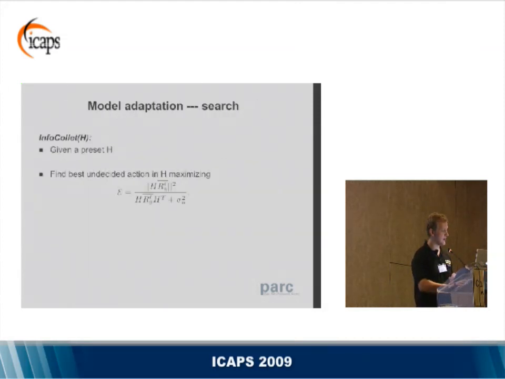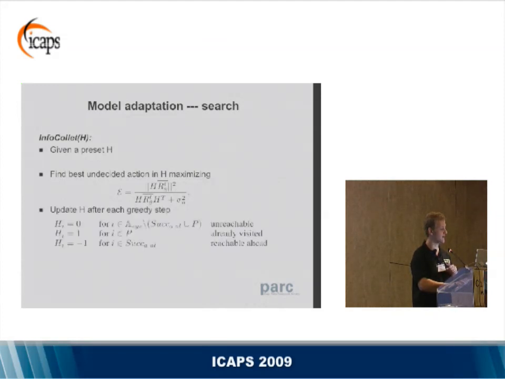Then we find the next best undecided action. We have this prefix, and we could potentially reach all of them, and we get rid of all the path constraints and just look at the one which would be the next best to be in my plan.